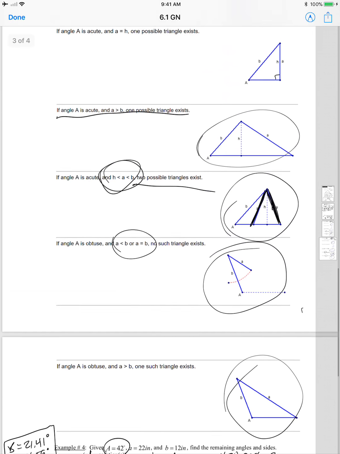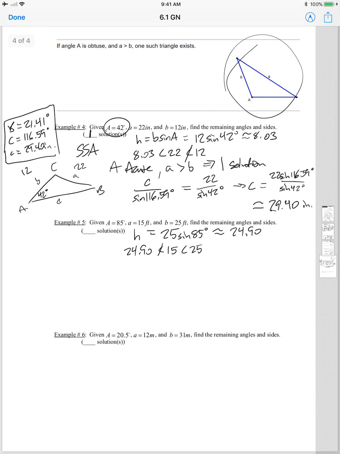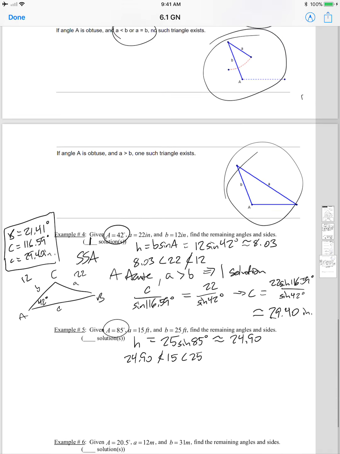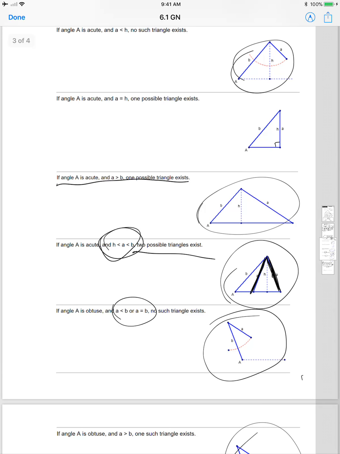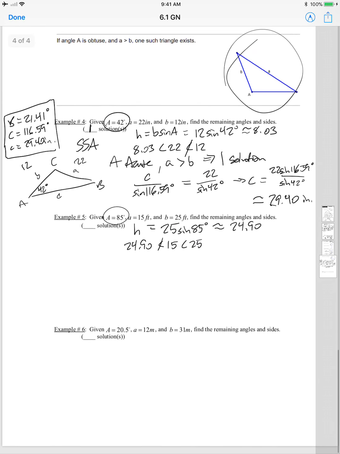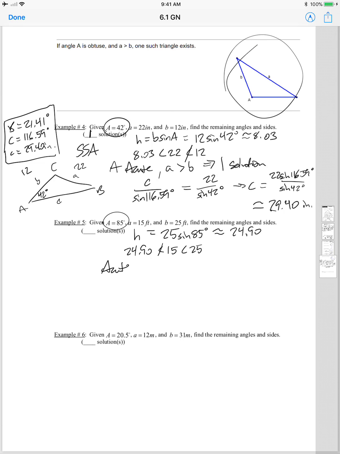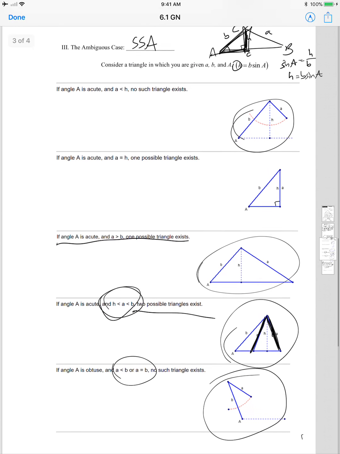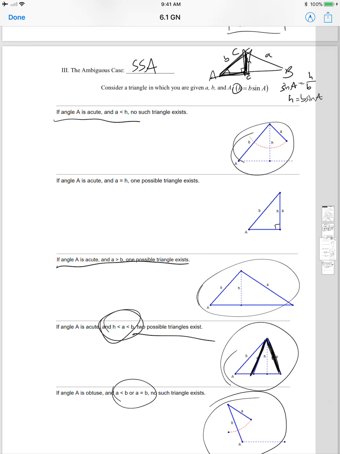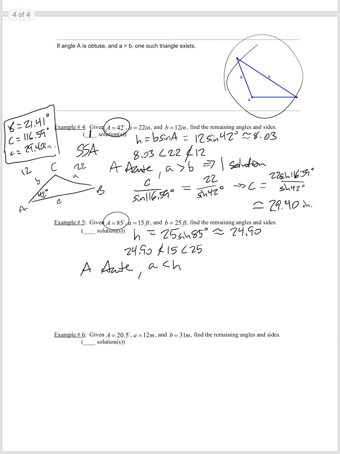So let's narrow down our other choices. A, 85 degrees, that is an acute angle, and A is less than h. And so I look up here, there's no solution.